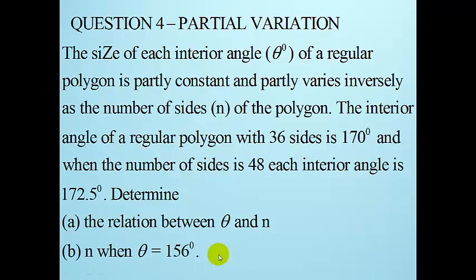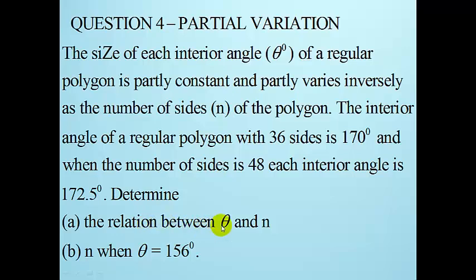Now, let's look at the question. Partial variation. The size of each interior angle, theta degrees, of a regular polygon is partly constant and partly varies inversely as the number of sides n of the polygon. The interior angle of a regular polygon with 36 sides is 170 degrees, and when the number of sides is 48, each interior angle is 172.5.